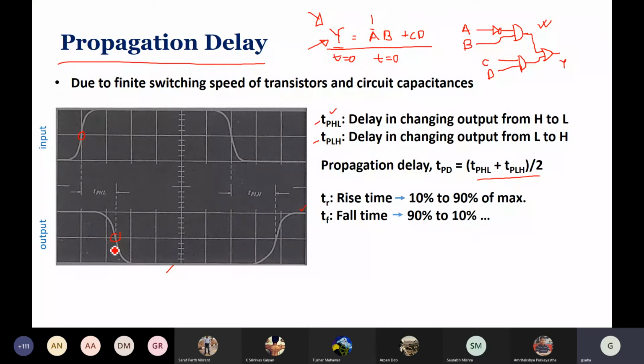That time difference is the propagation delay. Here the output is going from high to low, so this is marked as T, P for propagation delay, high to low. Okay, similarly T, propagation delay, low to high, again this 50% to 50%, whatever is the value.